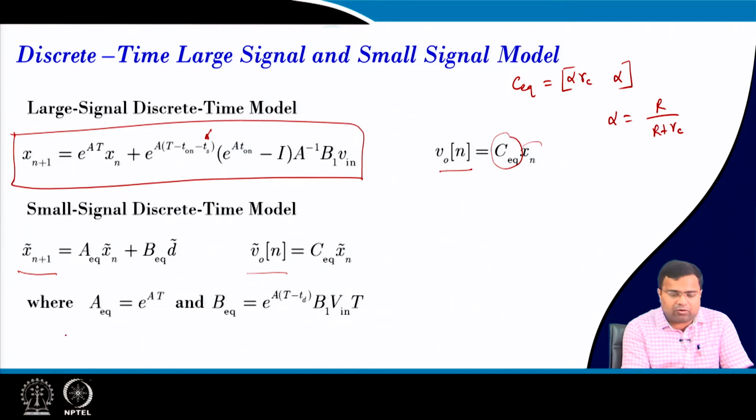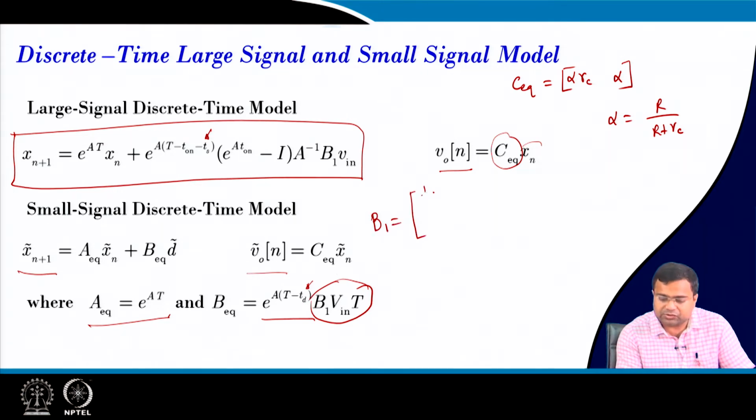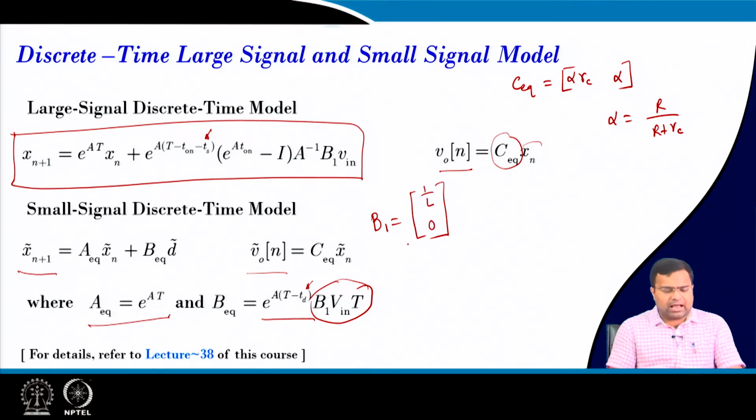Then for a buck converter we have discussed A equivalent equal to e to the power AT, and B equivalent equal to e to the power AT minus, this is the delay, and B1 Vin is the input matrix. What is B1? We know B1 equal to, in this case, 1 by L, 0, Vin into T, and this we have also discussed in lecture number 38 in this course.